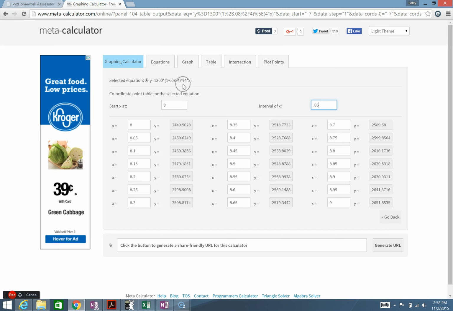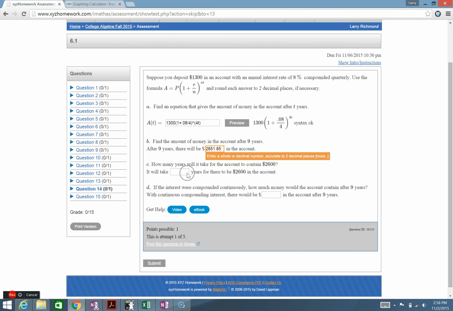That is an appropriate x value. So I just simply changed my start value, and my interval is the count, and I saw what value of x gave me the appropriate y. So 8.75.